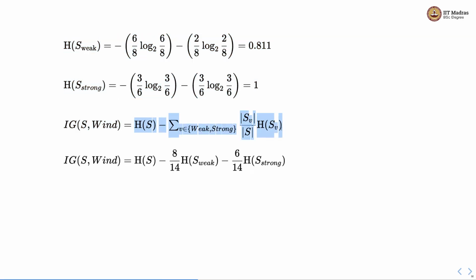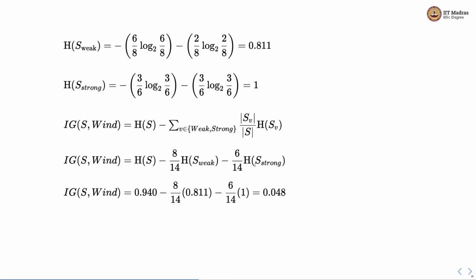We substitute the values: H(S), which is the entropy of the entire dataset, minus the entropy for wind equal to weak, minus the entropy for wind equal to strong, and we scale each of these entropies by the fraction of the number of examples in that value to the total number of examples in the dataset.